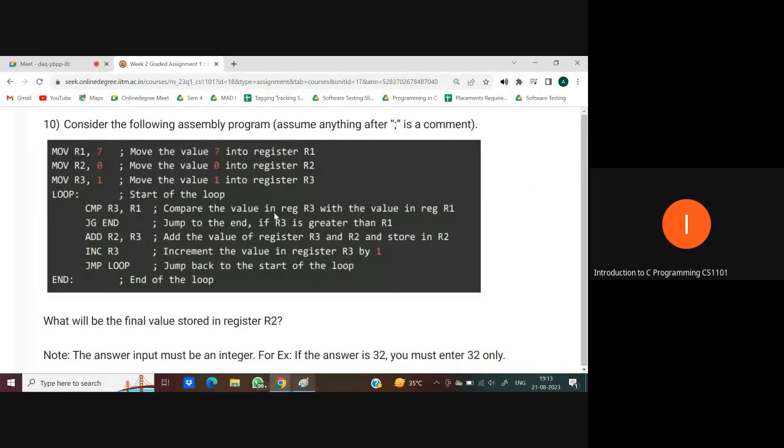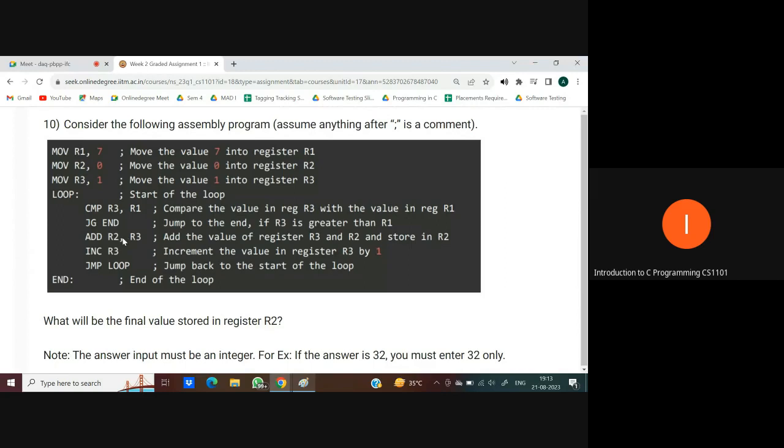Then we are comparing the value in register R3 with the value in register R1. R3 has 1, R1 has 7, so they are not matching. Is R3 greater than R1? No. R3 is 1, R1 is 7, so it is less than R1. So we will have to execute this add R2 R3.